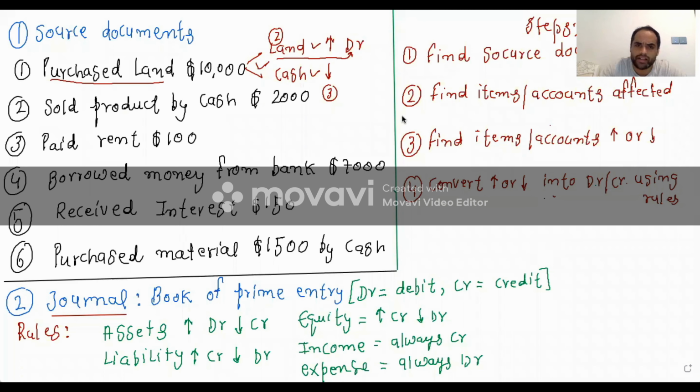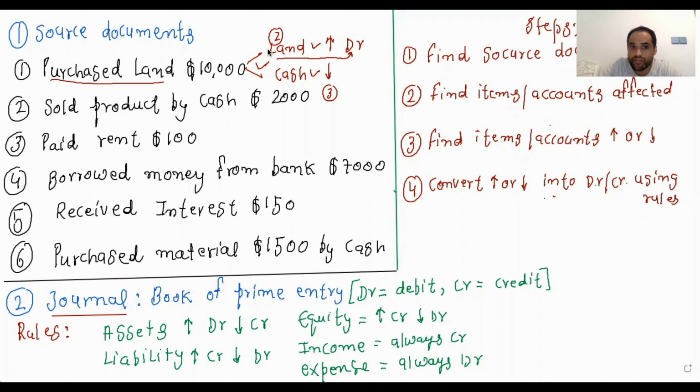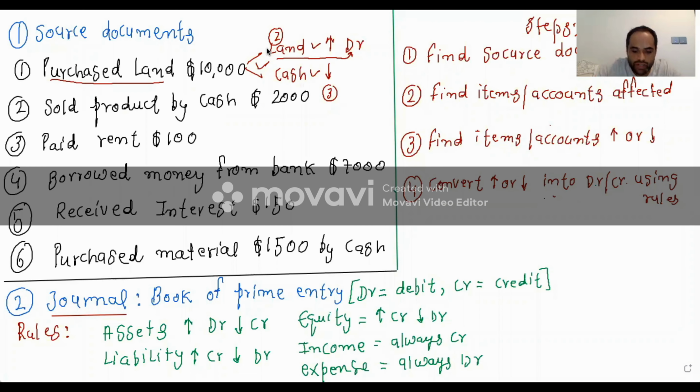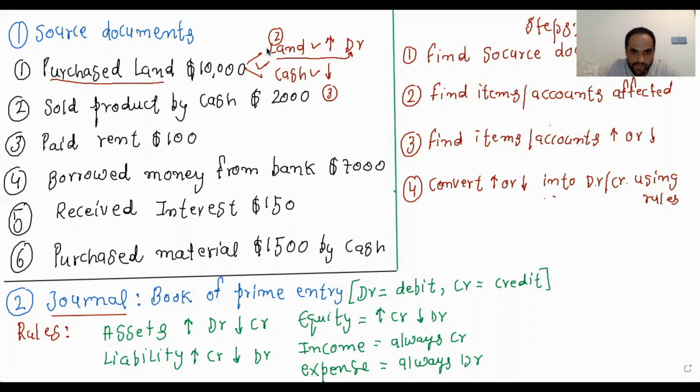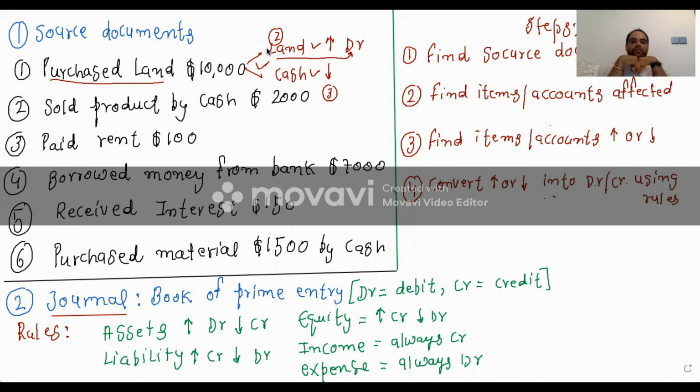Liability. Why is cash liability? Go and check. Did I write the word cash as a liability? You have to find the word cash. If I say cash, you have to find the word cash in your elements. Quickly, you're taking too long.